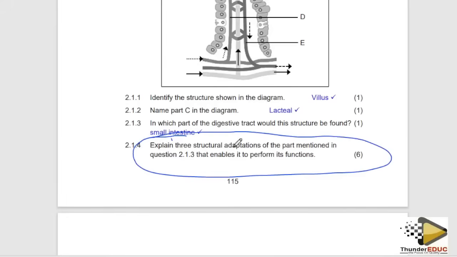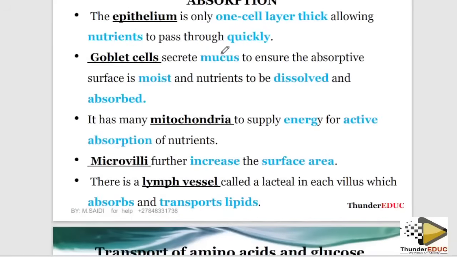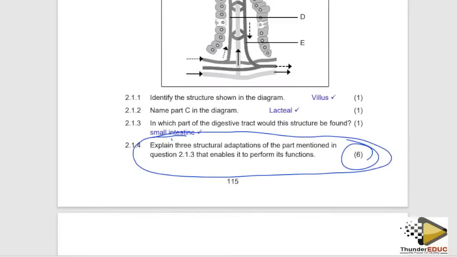Explain 3 structural adaptations mentioned in the diagram. 6 marks. Mahala. 6 marks. 3 points, 6 marks. Mahala. We give you a tick there. Give you a tick here. Give you a tick there. You see, 3 points, 6 marks. Mahala. Don't go to the paper without knowing.